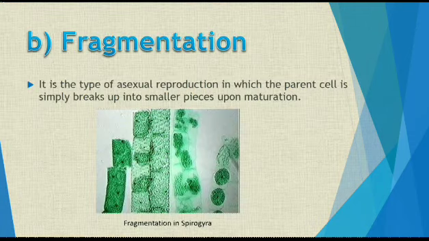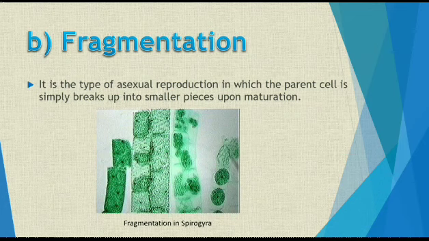Okay, now come to the next one, fragmentation. Fragmentation means broken down into smaller pieces. The best examples are Spirogyra and Ulothrix. These are filamentous algae. Filamentous means they are very long.